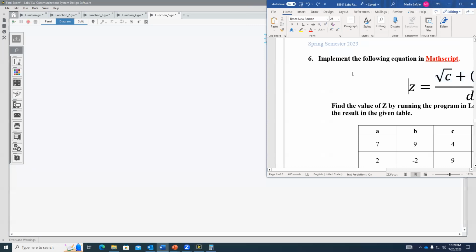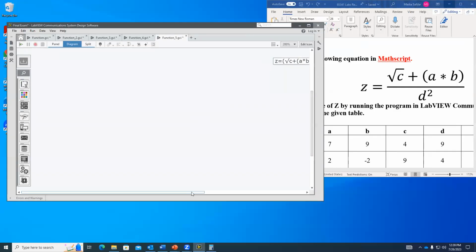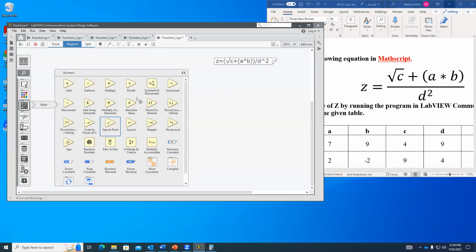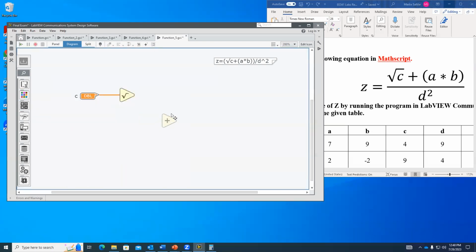Okay. First I need square root. I go to math, I think square root of C. C is a variable, I put C. Plus, I need plus. Sorry, we have to solve it using math script, not like this.